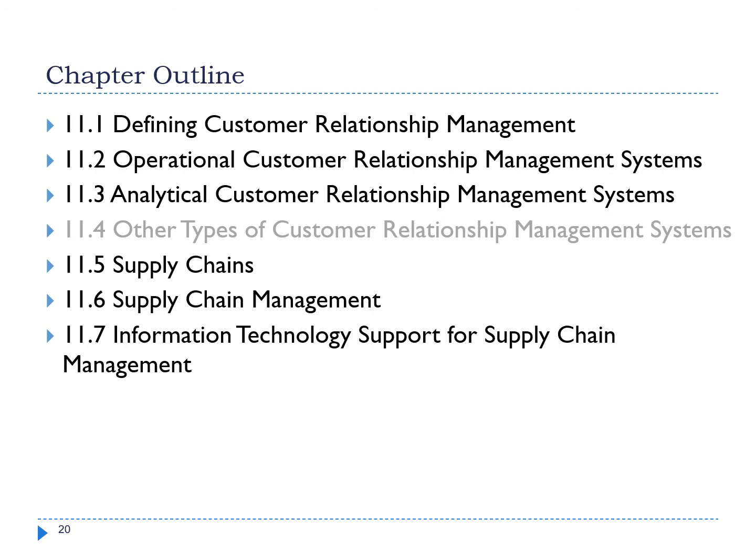Operational CRM systems will provide data for the analytical CRM systems. And then we moved on to talk about supply chains. We first introduced what supply chains are. We talked about supply chain management, and then we talked about how we can use information technology to support supply chain management.